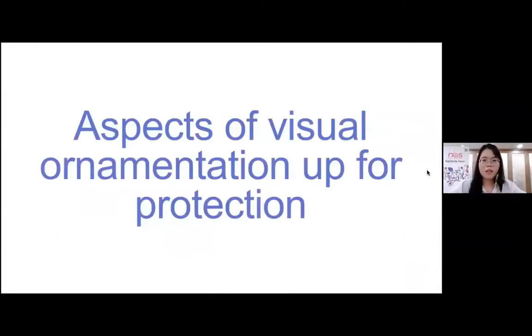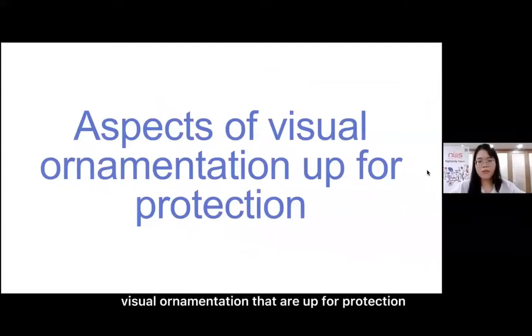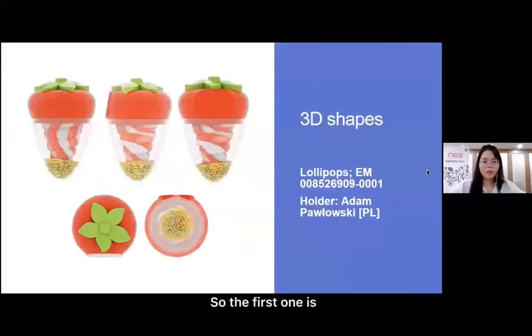All right. So now we can have a look at the aspects of visual ornamentation that are up for protection under the industrial design law. The first one is the 3D design of your product, as shown here by the lollipop created by Adam Pawlowski from Poland.